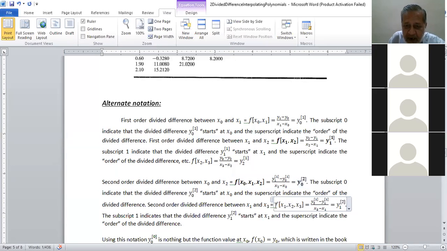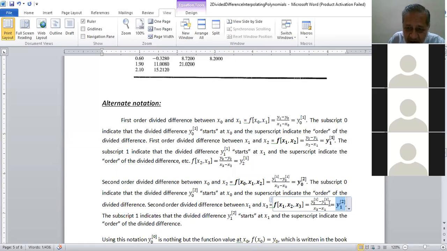So if I go to write down a divided difference that involves x1, x2, x3, superscript indicates second order, subscript indicates that we are starting at x1. इसका मतलब है x1, y1, x2, y2, x3, y3 involved हो रहे हैं.